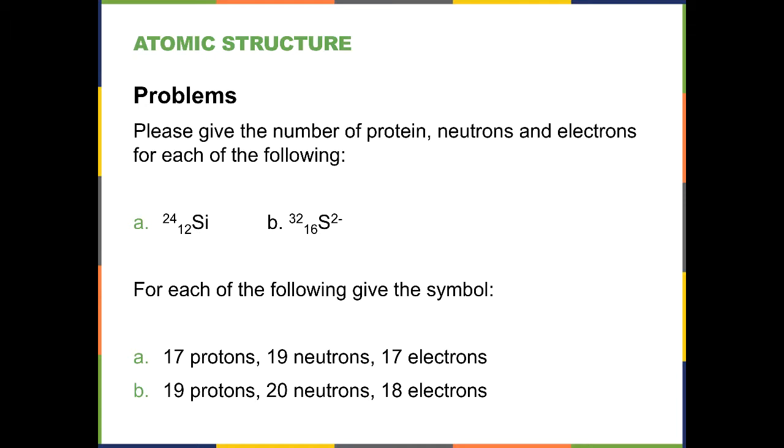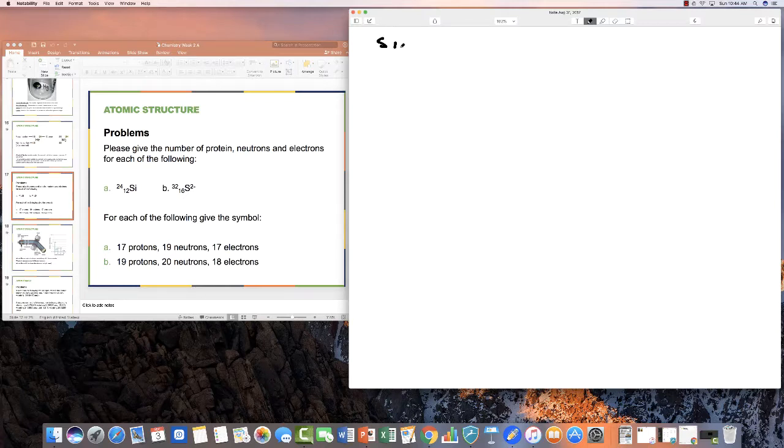So let's take a look at these and answer the following questions. It says give the number of protons, not protein, protons, neutrons, and electrons for each of the following. So the first one, Si, which is the symbol for silicon, 12, 24.